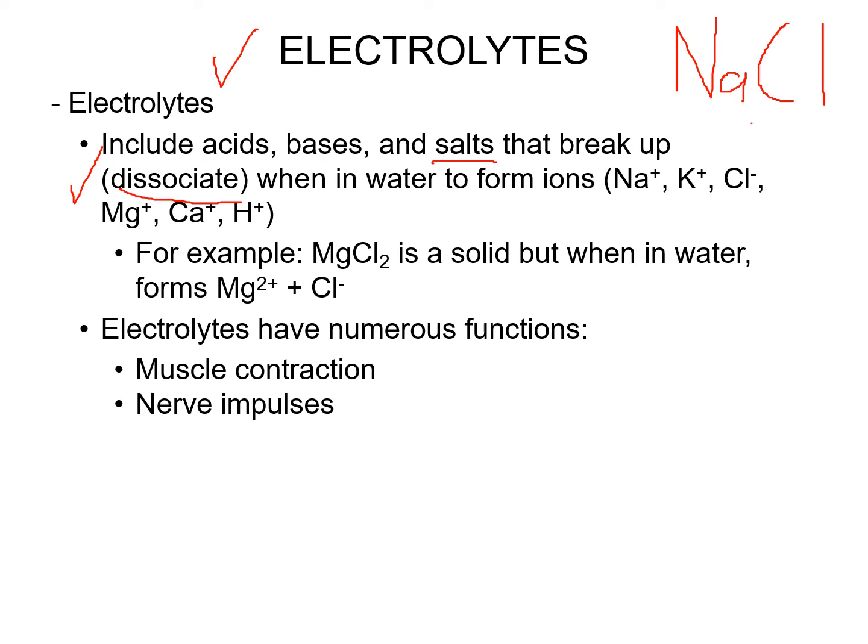But when you break these two apart, what happens is you get these things separated, sodium and chlorine, and notice sodium has a plus charge to it. And then chlorine here has a minus. So notice the charges there as well, a plus and a minus. When those two get together, they kind of balance each other out, and that's why sodium chloride is neutral.